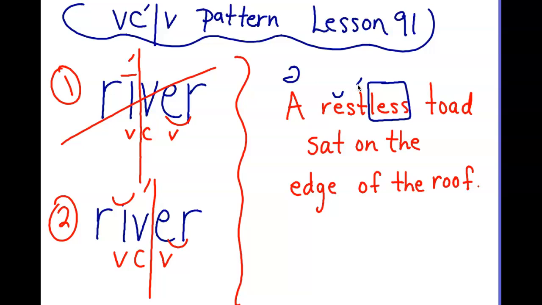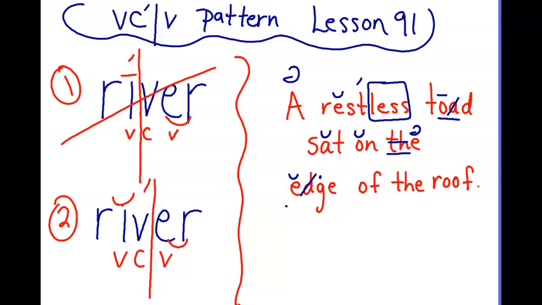Toad. We have a digraph. It's a vowel digraph. We hear the O, do not hear the A. Sat, on, the. I'm going to underline the digraph, and we have a schwa sound. We have that upside down E sound. Edge, edge. Short E. You don't really hear the D, but we have that J sound there.